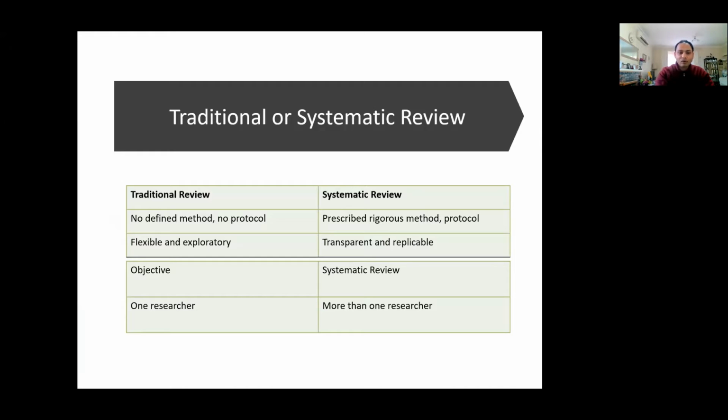And as I said before, most PhD students are alone, so they will be doing their task independently. One researcher is fine, but for a systematic review, you need two people. But you might ask, as a PhD student, how can I conduct a systematic review? Yes, it's possible, because your supervisor could be your second reviewer, who will be working with you.